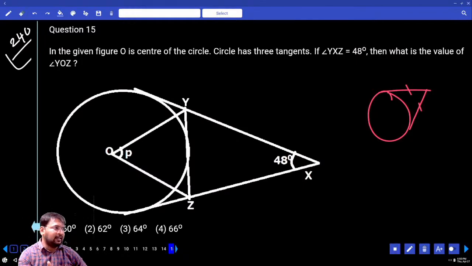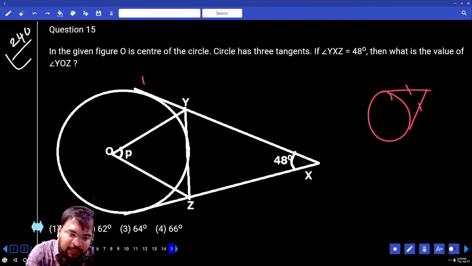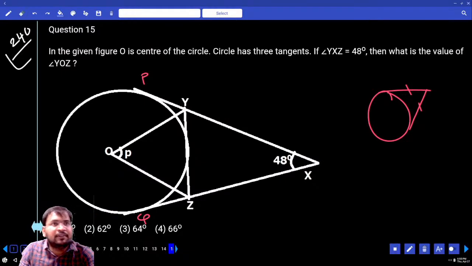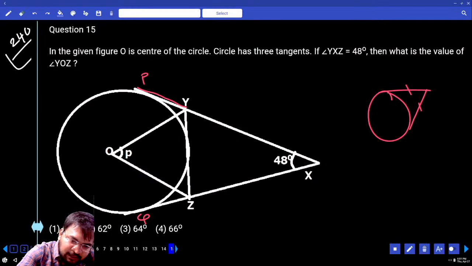For a single circle, if we draw n number of tangents, then the lengths of the tangents are equal. Are you clear? Say for example, here this is PX tangent and this is QX tangent. Now PY is a small tangent for the circle. Say for example, this one I am going to take as R.